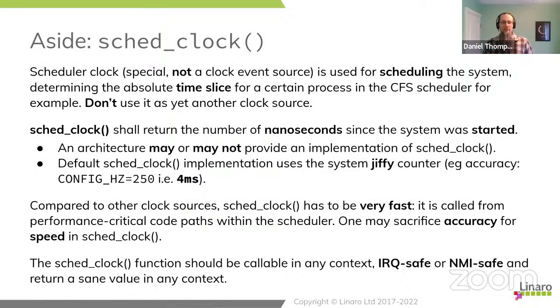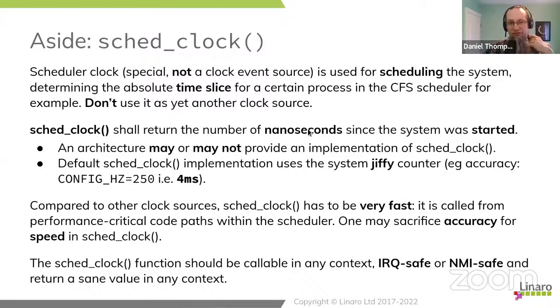A quick aside about scheduler clock. There is a function called sched_clock, which is used by the scheduler to measure time. And it's a very peculiar clock. Because the scheduler is a really, really hot path that is very frequently called, it's one of the very few places where the kernel is willing to trade speed of reading a clock versus the accuracy of the clock you get.